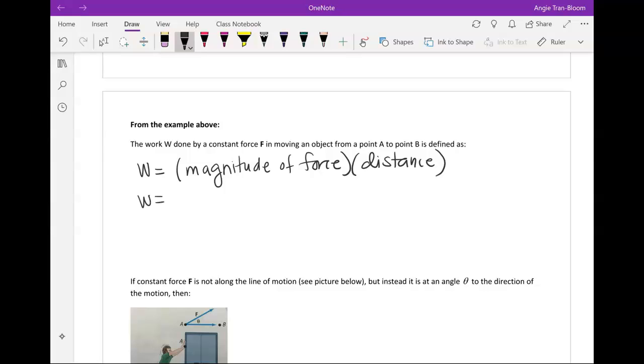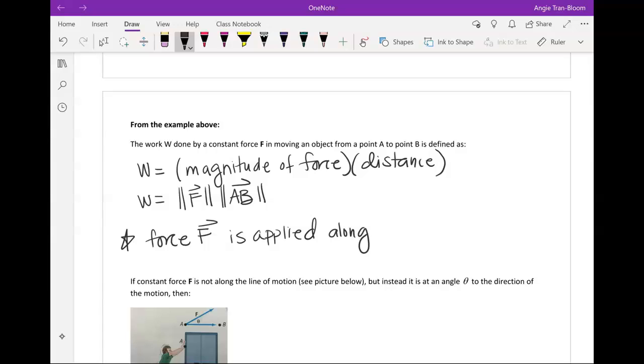So that's spelling it out for us. But in symbol, as you know already, the magnitude of force is the absolute value of F, times the distance from A to B. Well, distance is also the absolute value of AB. Now, this again is the formula for the force applied along the line of motion, which is horizontal.